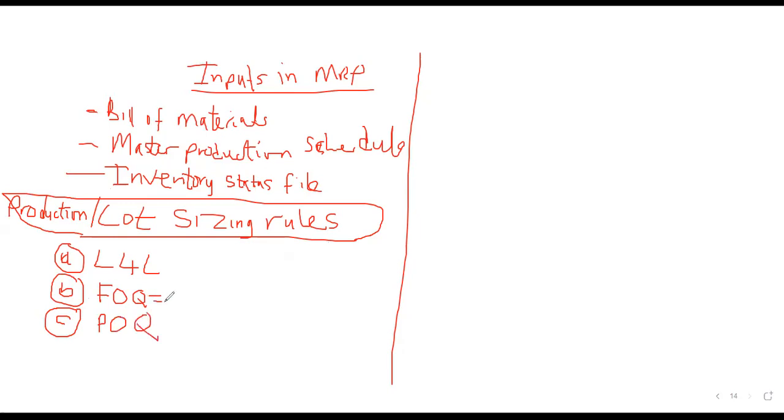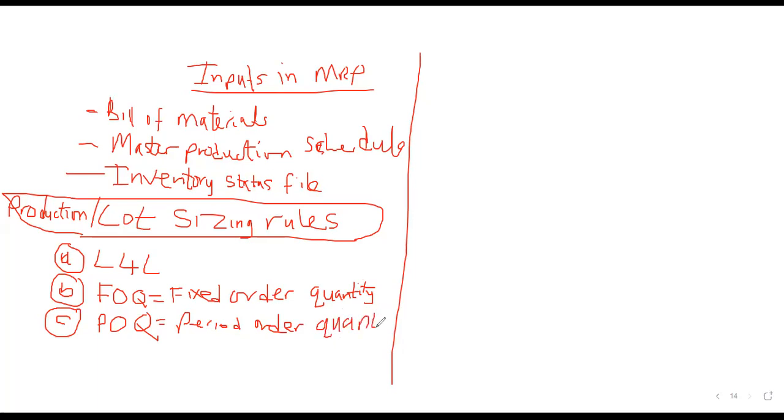Then under fixed order quantity, you order regardless of the shortage.